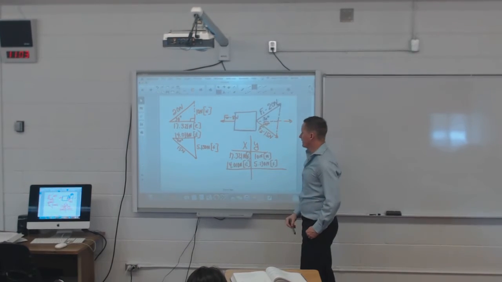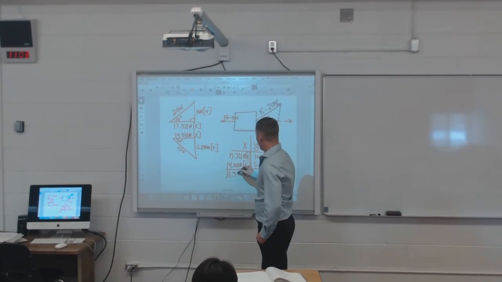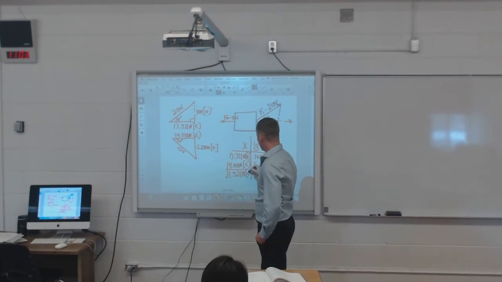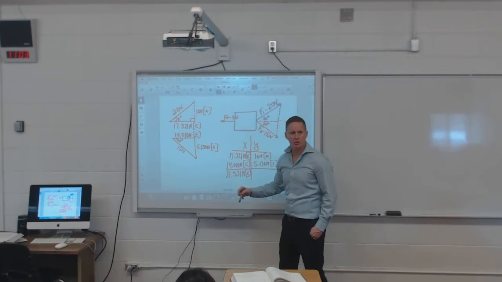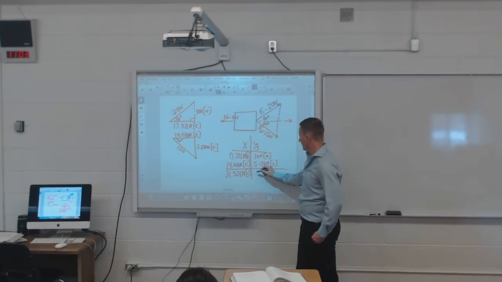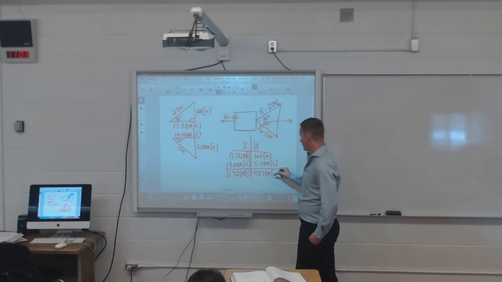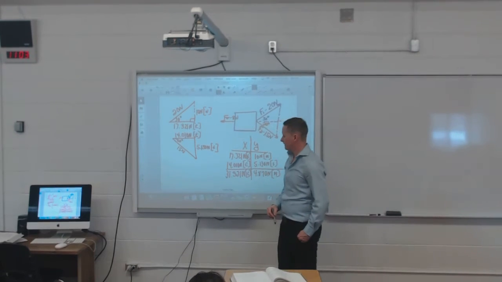So let's add these two together. 31.331. Sorry, I actually put in a zero. Okay, and then right here I've got to subtract those two. 4.87. That's to the north. Okay.